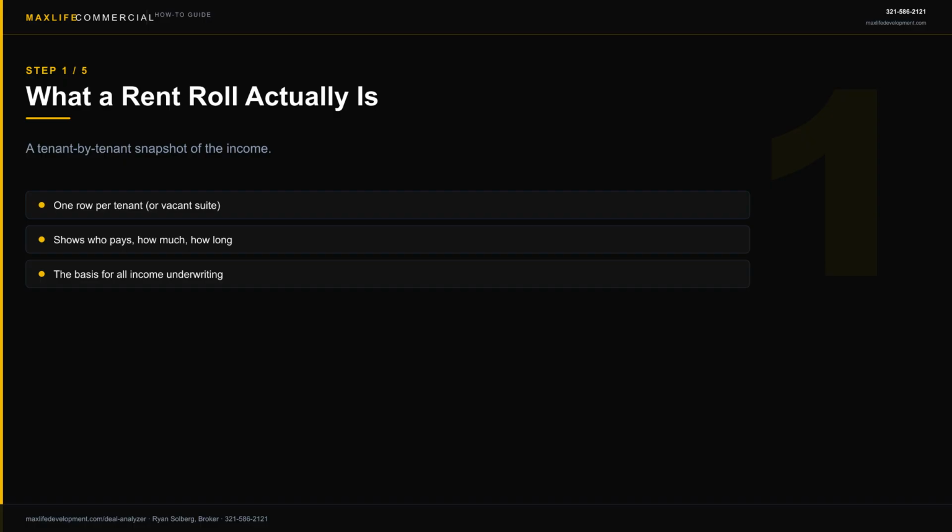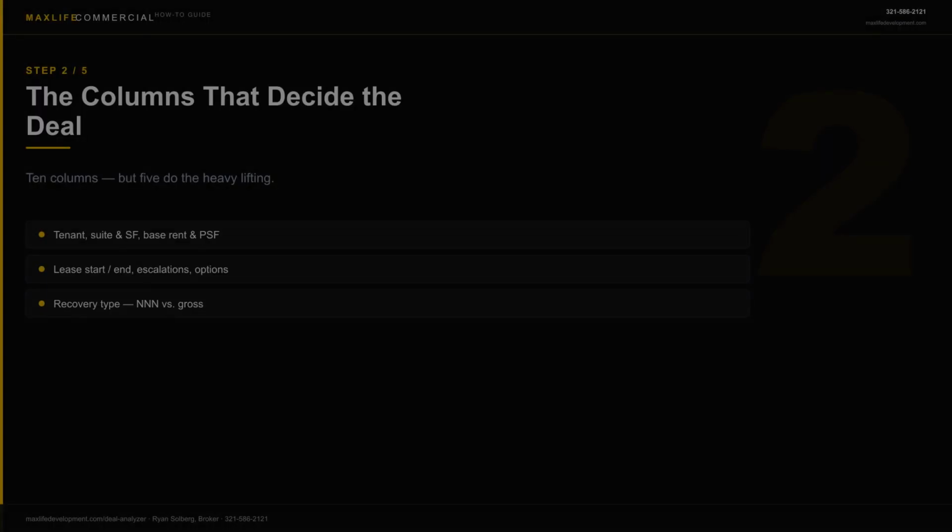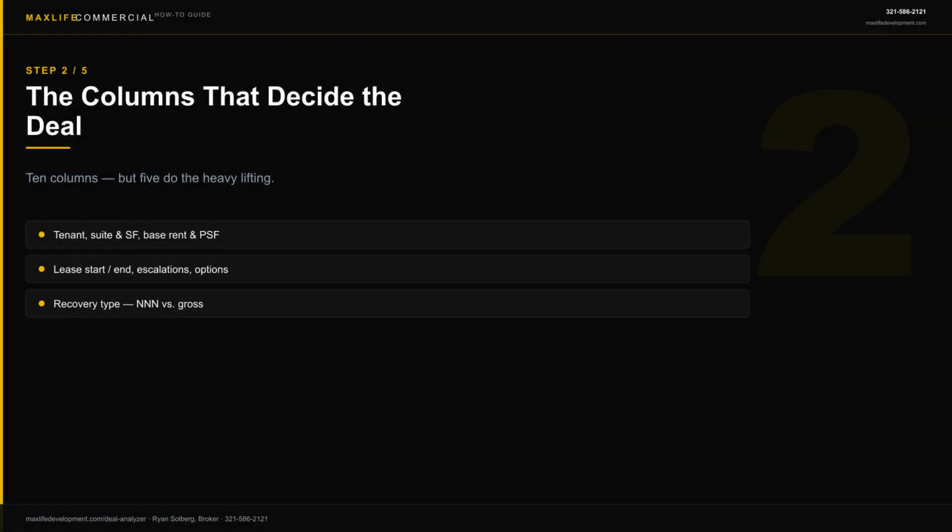Now the columns. A typical rent roll has about 10, but only 5 really drive your decision. Tenant name, that is your credit quality. Suite and square footage, your SF, and it had better add up to the building total. Base rent and rent per square foot, your income, and your read on whether each tenant is paying above or below market.